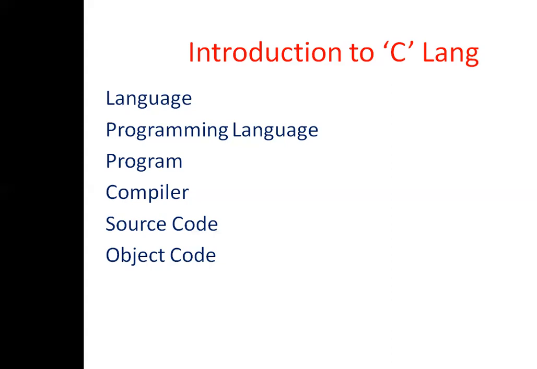Source code is a program code written by the user. Object code is a program code generated by the system after compilation.